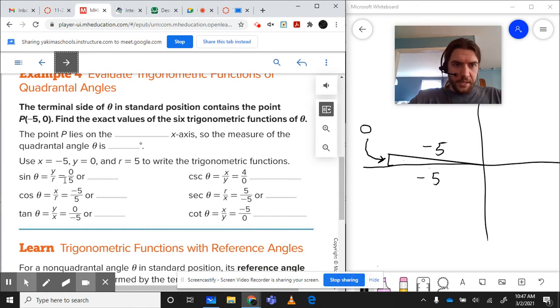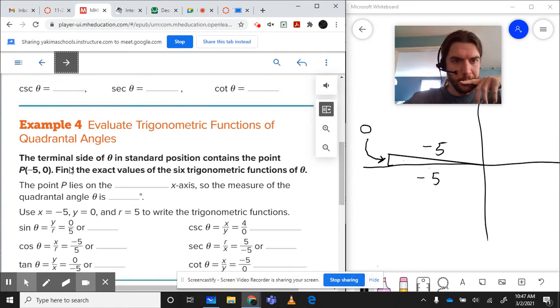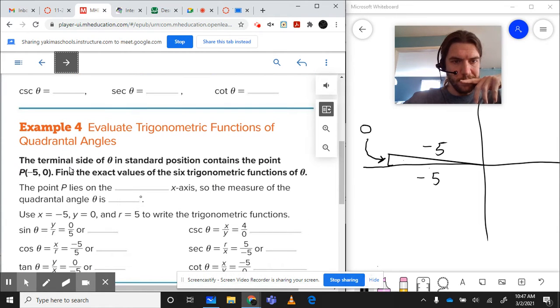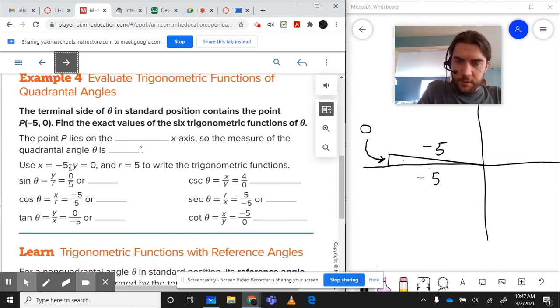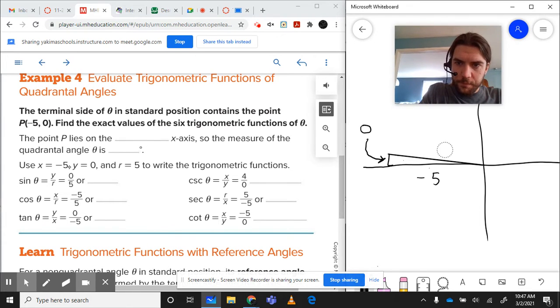The radius side was 5. Let me think about this one second. So why are we doing +5 and -5? Well, this one should be +5. That makes sense because the way that we should get this number is 0 squared plus -5 squared. So that's going to give us 25.